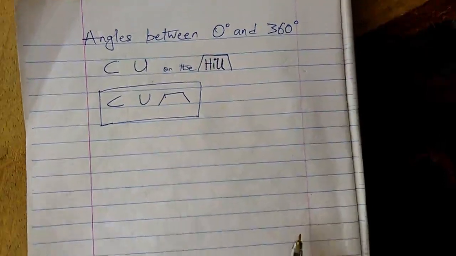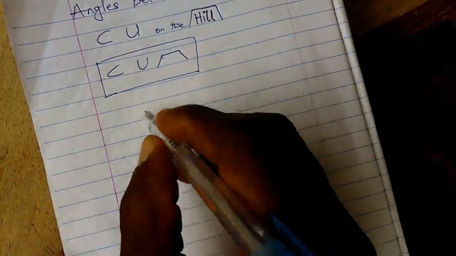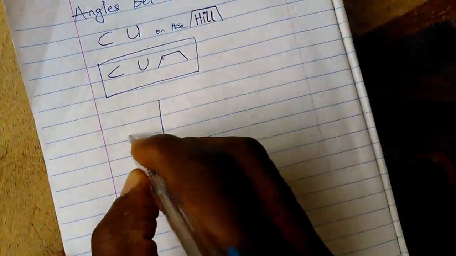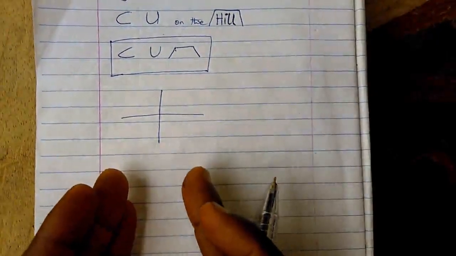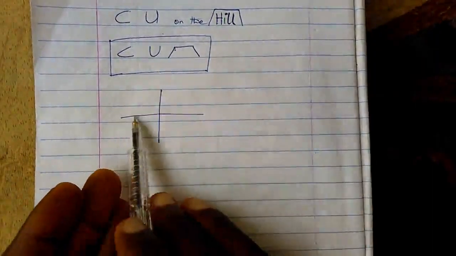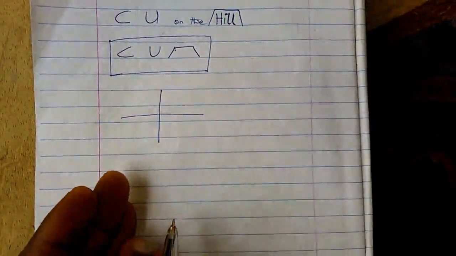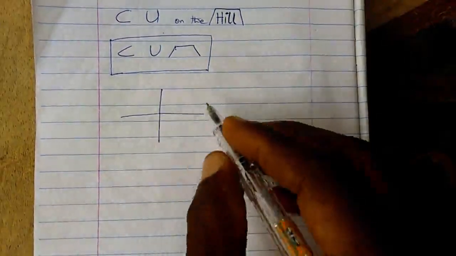Now let me explain something before we actually use the code. In angles, we have what we call quadrants. When you bring the Cartesian plane, you have the y-axis and the x-axis.